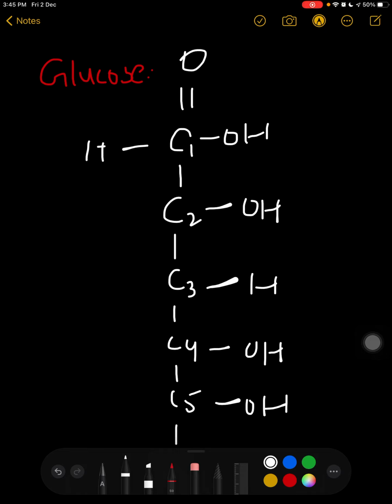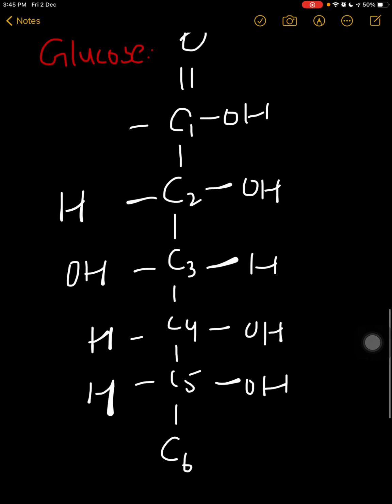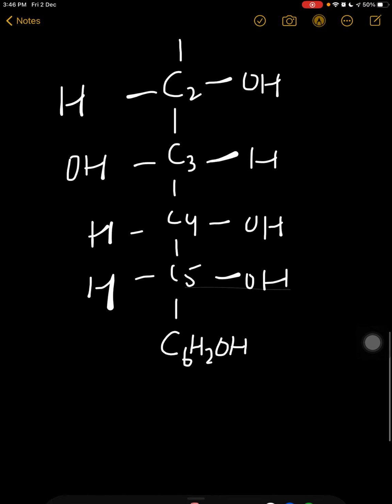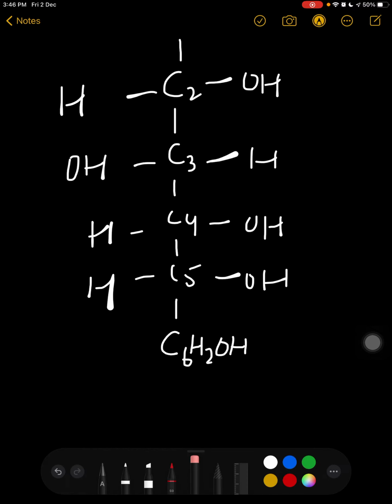Here it will be H. Sorry, it won't come here because the valency is already full. H, OH, H, here H, and over here CH2OH. So this structure is known as the linear structure of glucose.